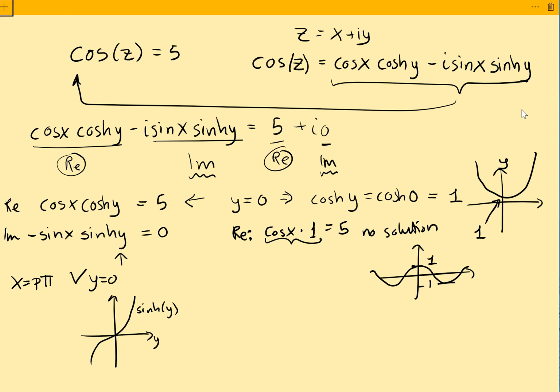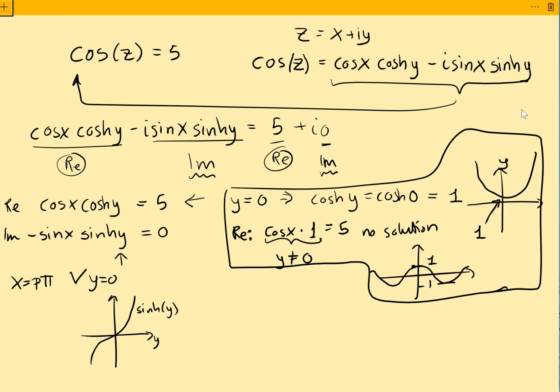In other words, y is not equal to 0. So we can rule out this possibility here. And we have to move forward with the possible solution of x being a multiple of pi.